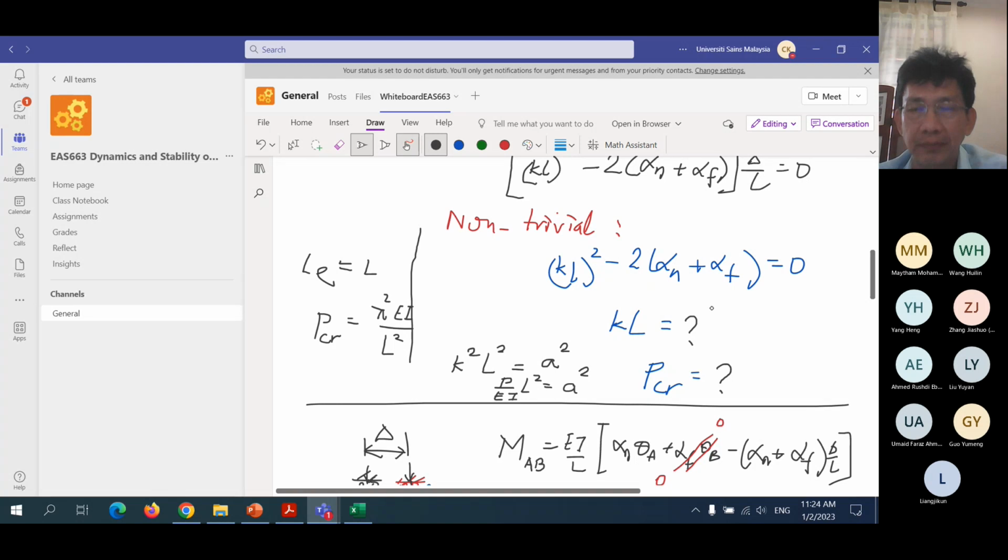After that, you get the value of this equation, which is KL square minus 2 alpha n and alpha f, for a series of values for KL. Then you check from your calculation using Excel where this calculation changes from positive to negative. If it changes from positive to negative or negative to positive, you're going to get the solution lying in between those two values. Let me show you using this Excel.